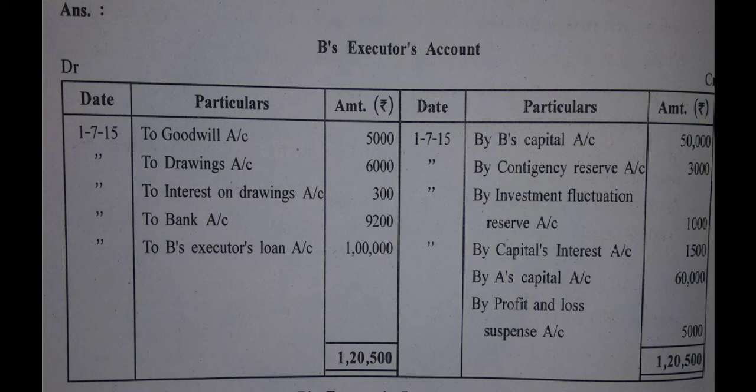The remaining is to be paid in 2 equal yearly installments. This simply means till then it is to be kept as a loan. So the loan is 1 lakh. Whose loan is it? B's executor's loan. Alright? Fine. So we are completely done preparing B's executor's account.